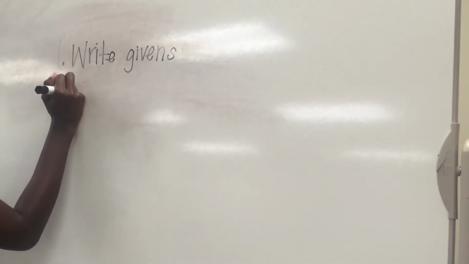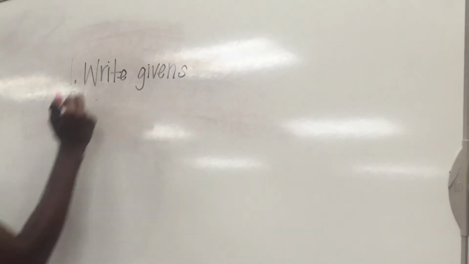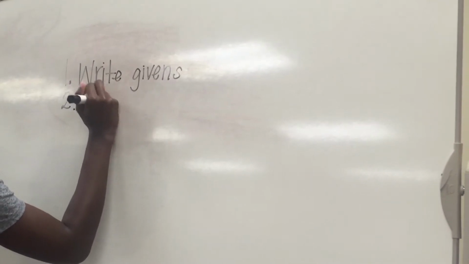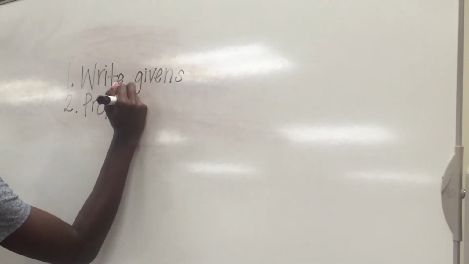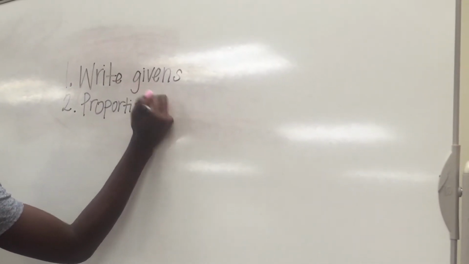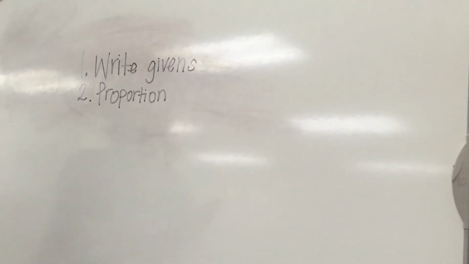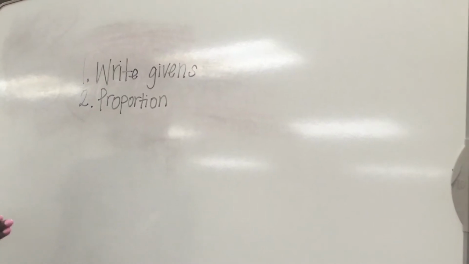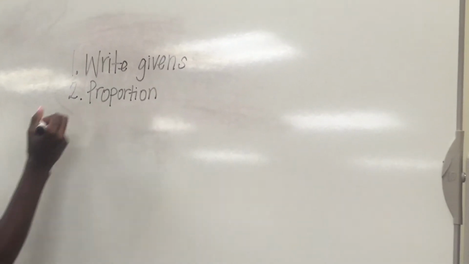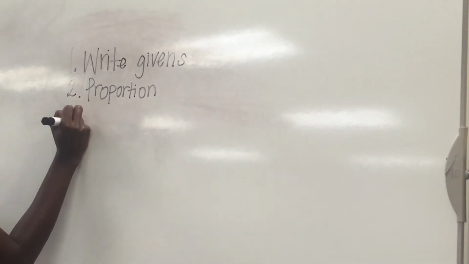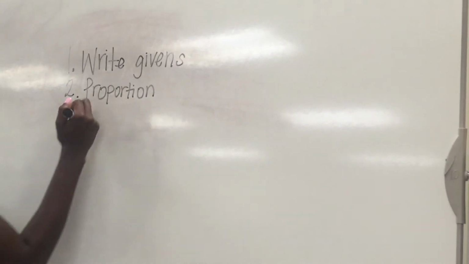The second step is to make a proportion. This step is very important because proportions set up the equation for you to find the answer that you're looking for. The third step is to circle what you're looking for.